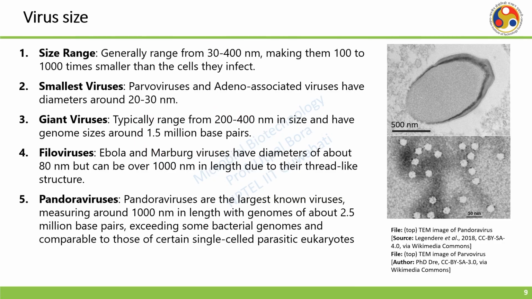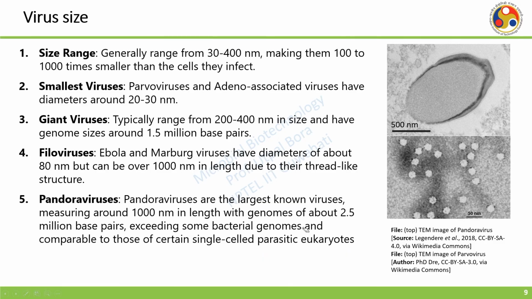Filoviruses like Ebola and Marburg have diameters of about 80 nanometers, but can be over 1000 nanometers in length due to their thread-like structure. Pandoraviruses are the largest known viruses, measuring around 1000 nanometers in length and with genomes of about 2.5 million base pairs, exceeding some bacterial genomes and comparable to those of certain single-celled parasitic eukaryotes.